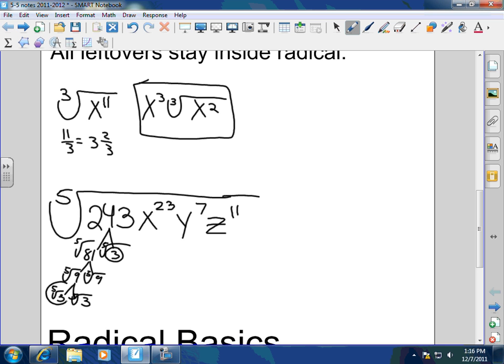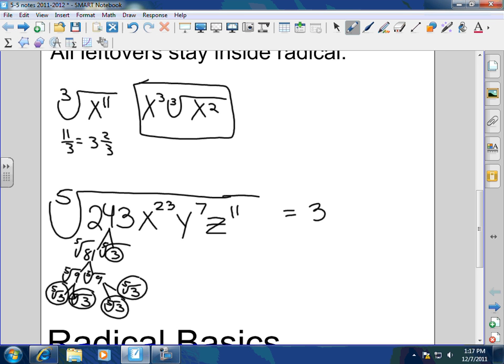So I can circle this, and I can circle that. And then this one also breaks down into the 5th root of 3 and the 5th root of 3. So how many 5th roots of 3 do I have circled here? So what can I pull out already immediately? 3. Does that make sense?